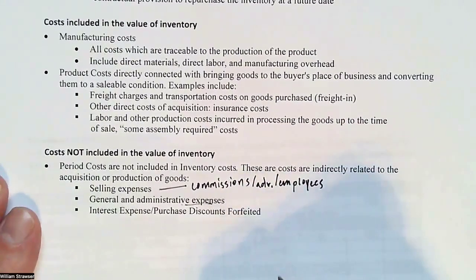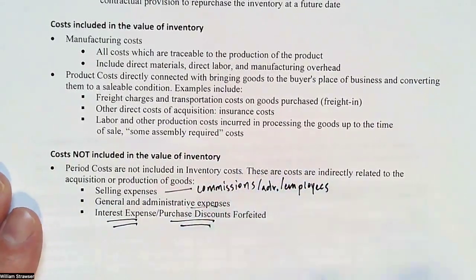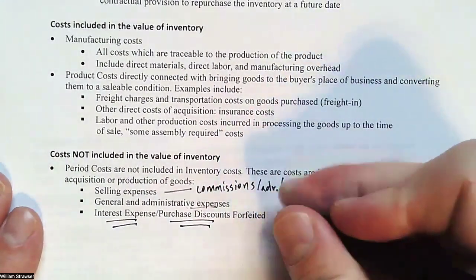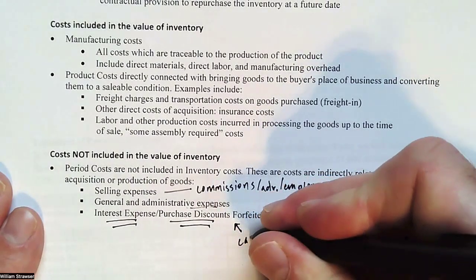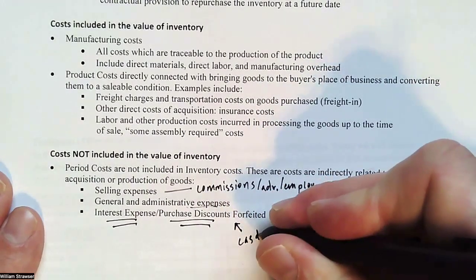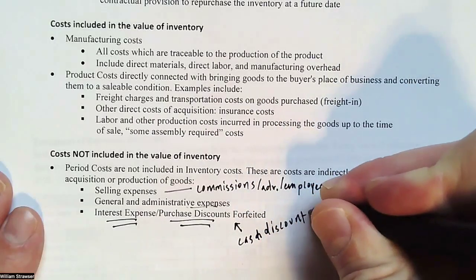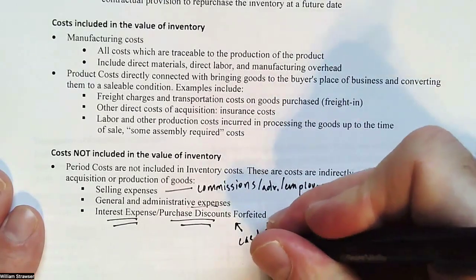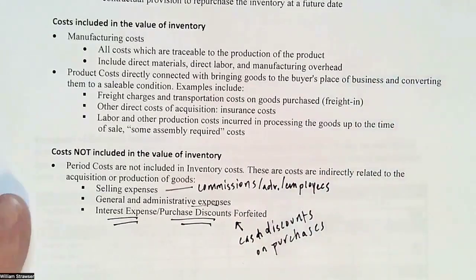The last one seems a little different. Interest expense or purchase discounts forfeited. We'll talk about these below. So this is involved in cash discounts on purchases. We ran into some similar terms with cash discounts on sales.